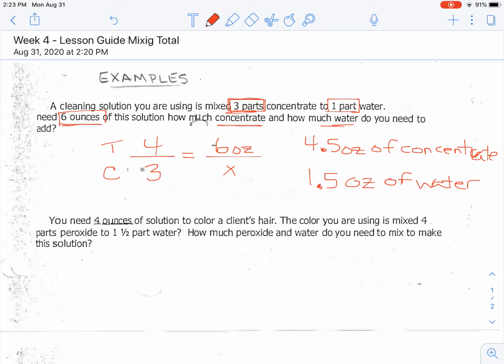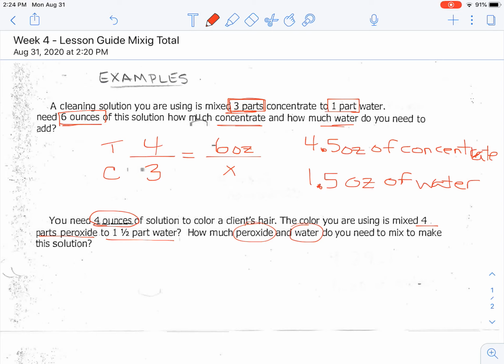You need 4 ounces of solution to color the client's hair. 4 total ounces. The color you are mixing is mixed 4 parts peroxide to 1.5 part water. How much peroxide and water do you need to mix for the solution? That's how you know these ones are different, because it's asking you for 2 things.